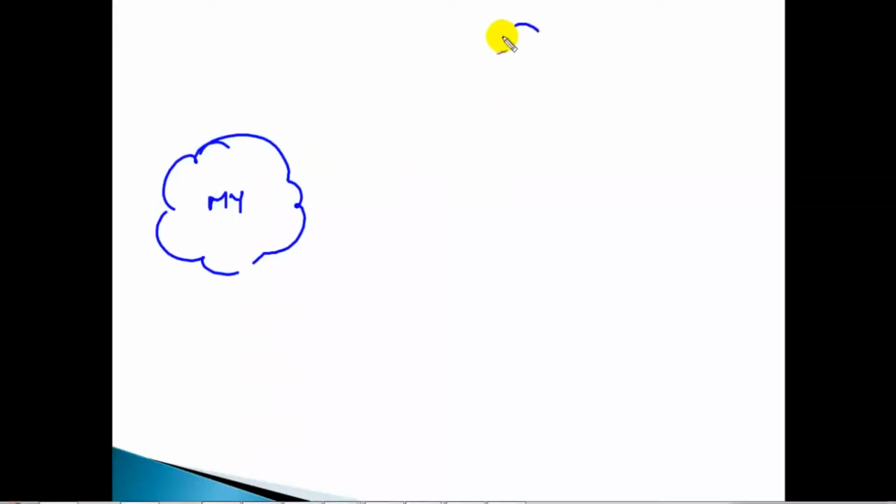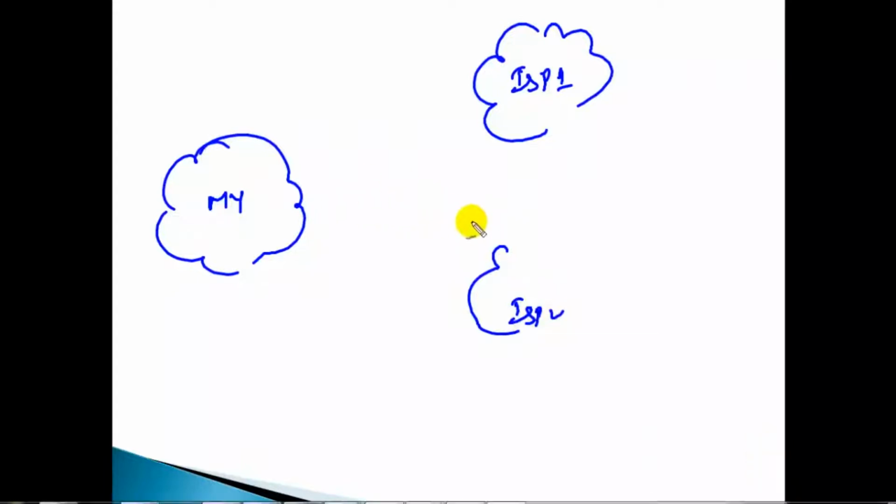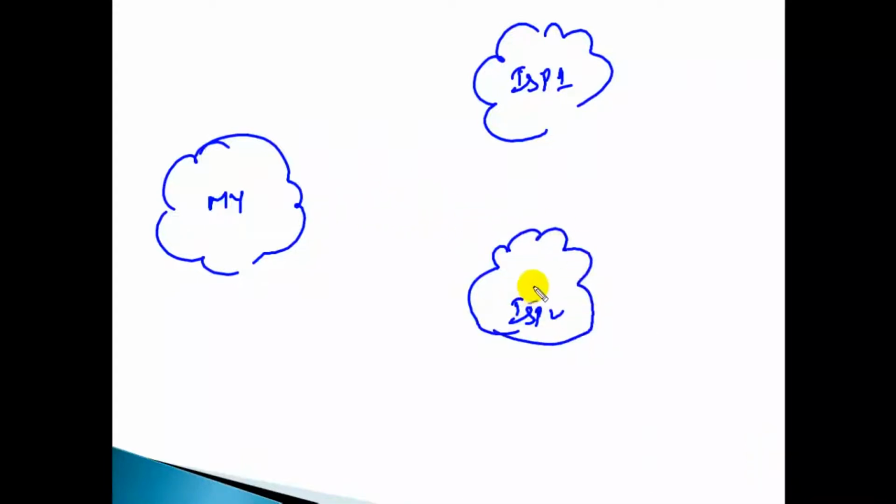There's one more scenario where you can use route filtering. Again I'm going to take the same scenario. I've got ISP 1 and ISP 2. In this scenario, most service providers do not want to propagate the routes from one service provider to another.